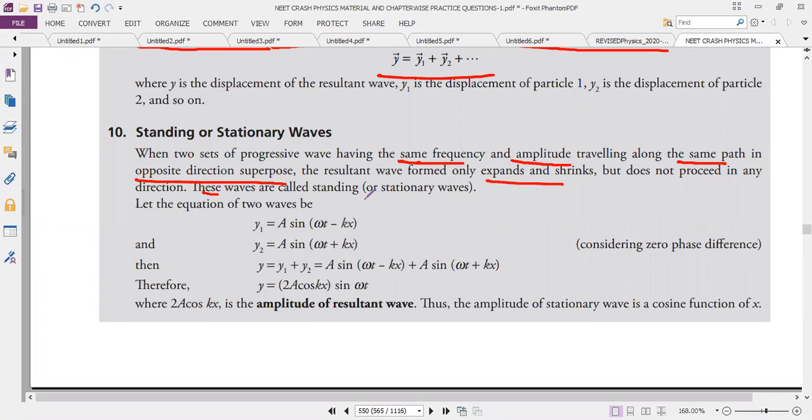It is called stationary. 2a cos kx, this entire value is considered the amplitude of the resultant wave.